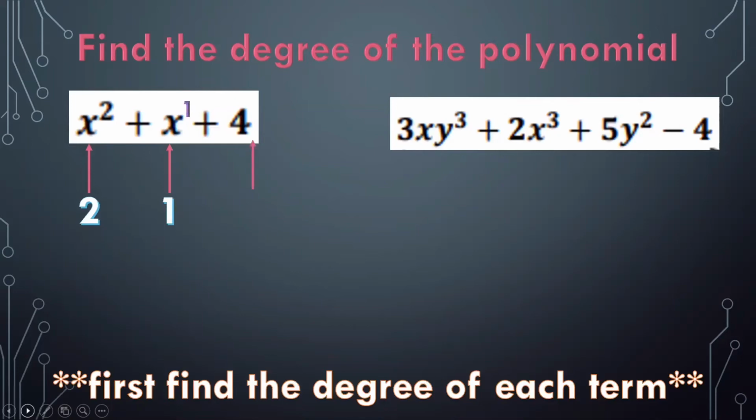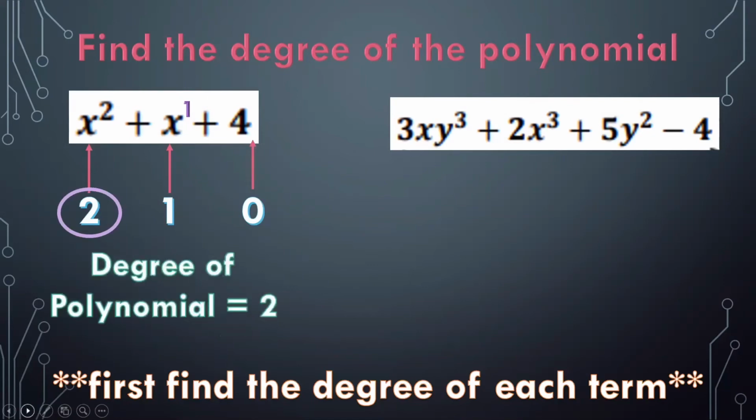Then I look at the 4, and its exponent is 0 because there is no variable. We're going to get into that in topic 5 about 0 degrees, and it'll make a little more sense. So now we're talking about the degree of that whole polynomial. Remember, it's the greatest degree. If you look at this one, 2 is the biggest number. So the degree of that trinomial is 2.